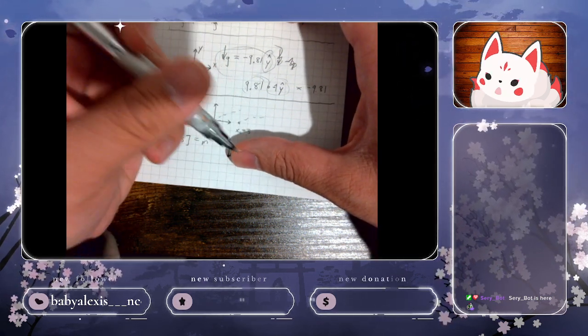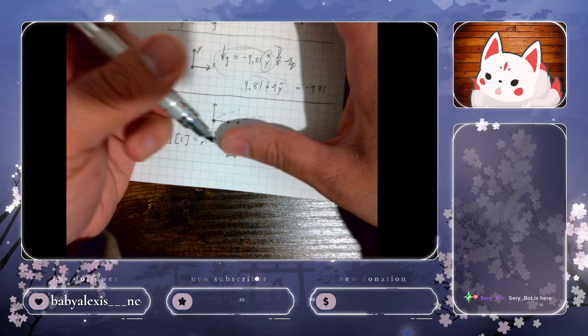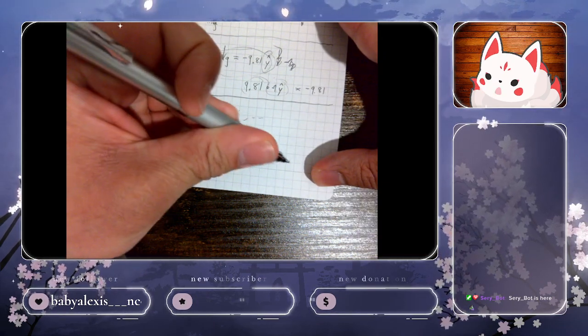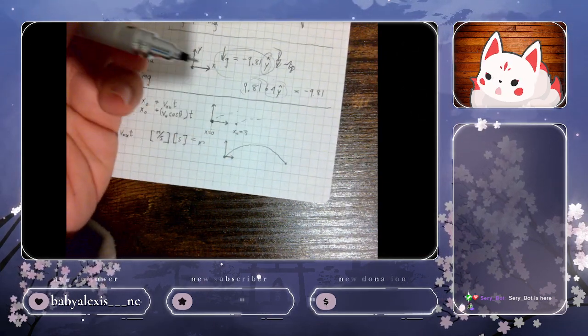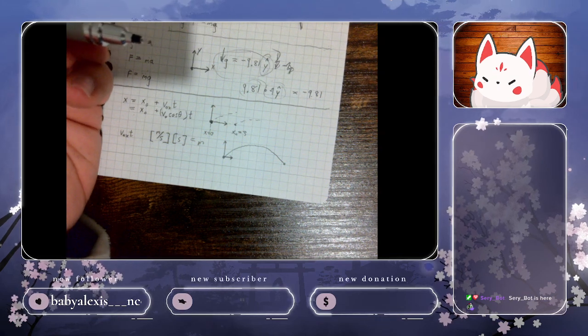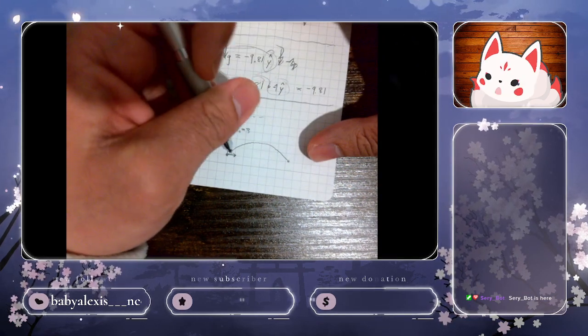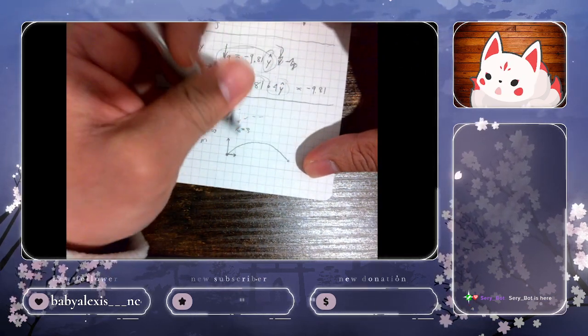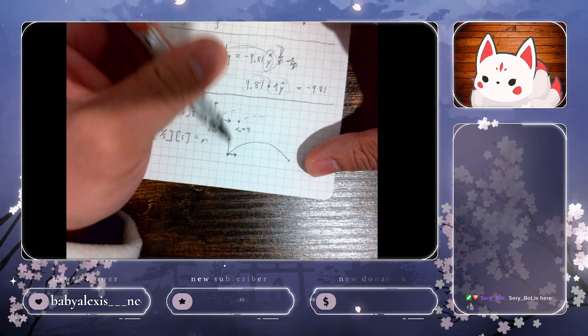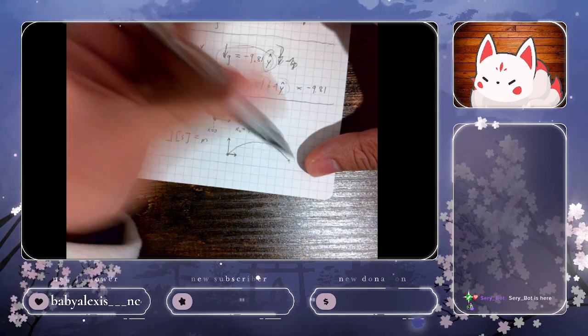You need the vx, because that's how fast it will move across this. The only other thing you need is time, how much time it's traveling, which is basically when it stops moving, which is the contact point with the ground.